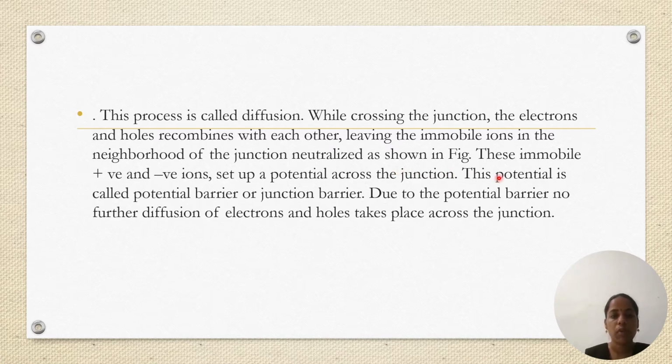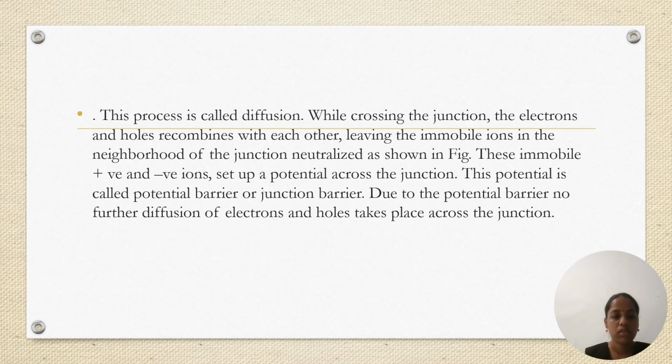These immobile positive and negative ions set up a potential across the junction. Means these positive and negative ions form voltage across the junction. This is called potential barrier or junction barrier or voltage barrier. Due to potential barrier, no further diffusion of electrons and holes takes place across the junction.